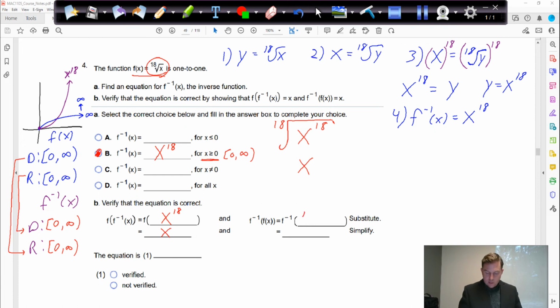This one says take the 18th root of x, the original problem, and place it into our inverse answer. So we're going to have the 18th root of x placed into this function, which just says take whatever you have and raise it to the 18th power. Well, again, 18th root and 18th power will cancel, and this will equal x. So they both equal x, so it is again verified.